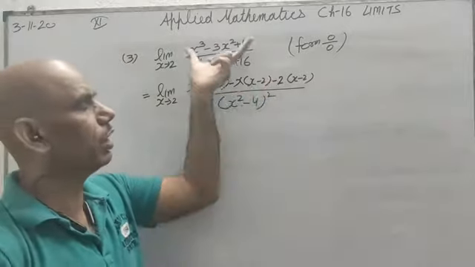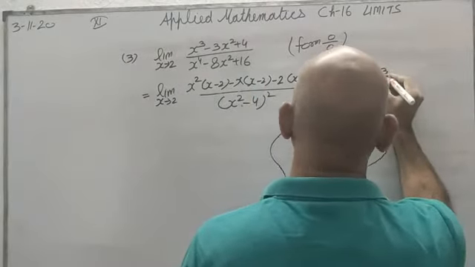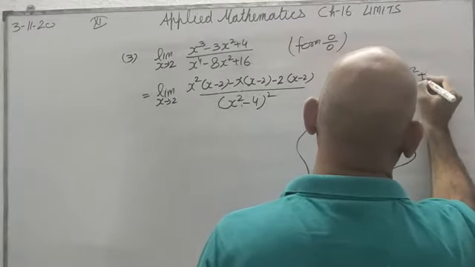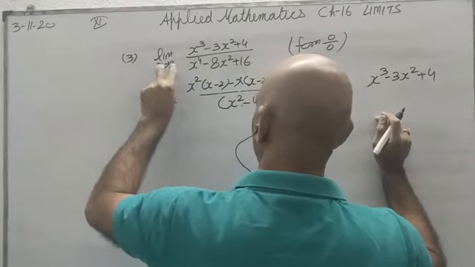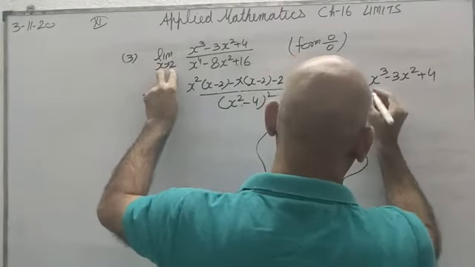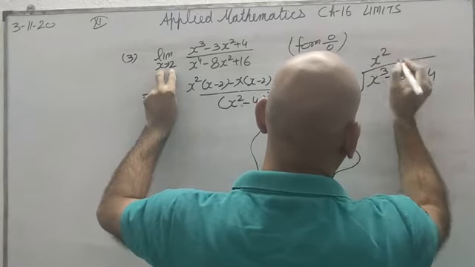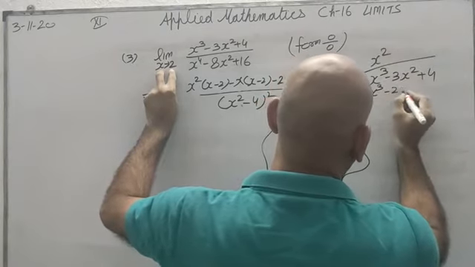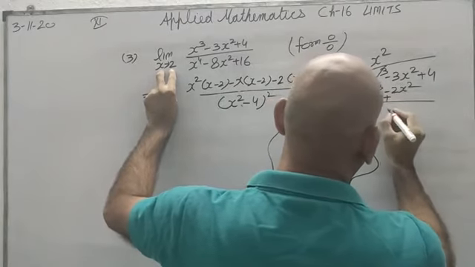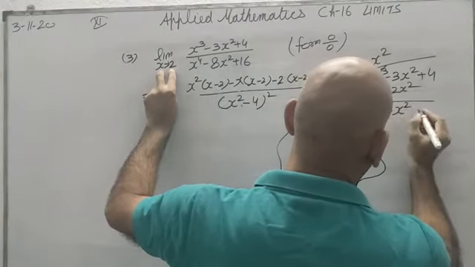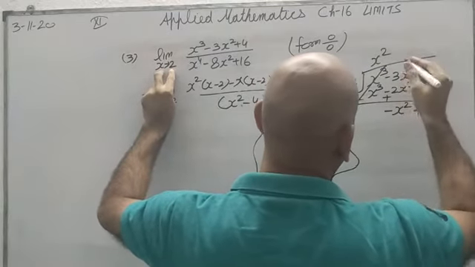Many of you might have solved the cubic polynomial like this, and many of you might have solved it like this: x cube minus 3x square plus 4. I got the first factor is x minus 2. This will always be a factor. So you will divide it by x minus 2, x cube minus 2x square. I got negative, positive, this is cancelled, minus x square and plus 4. So then what will I get?